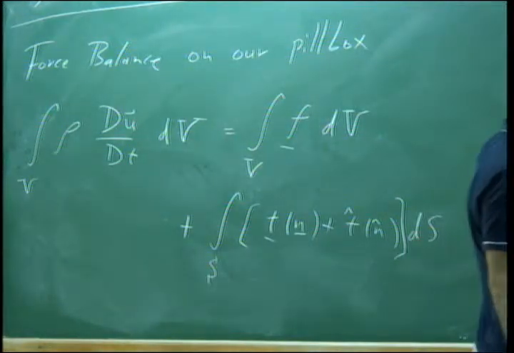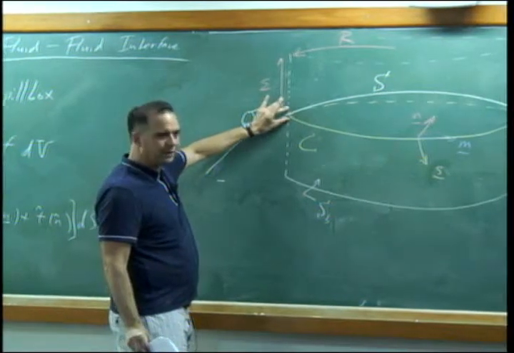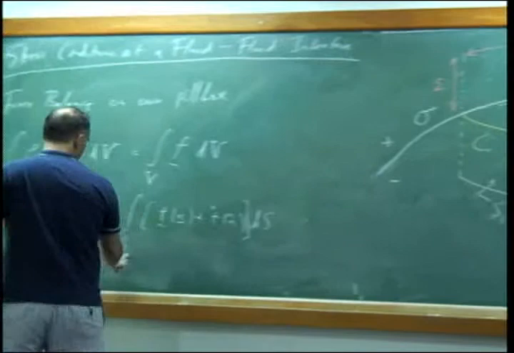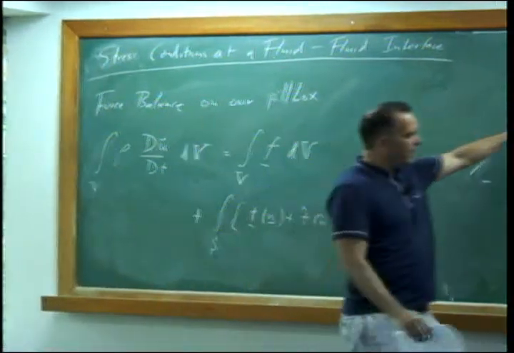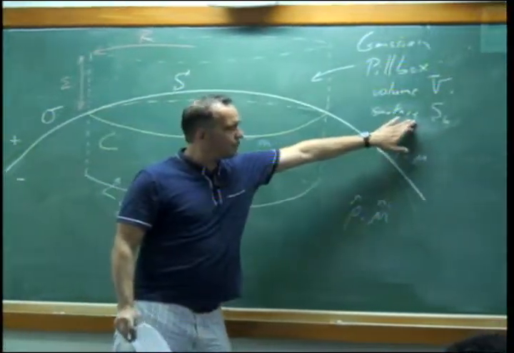What we're going to do is shrink this down. We're going to make epsilon 0. So these then become the stresses acting on the surface, and so these will become surface integrals over this surface of interest S in the limit of epsilon going to 0.